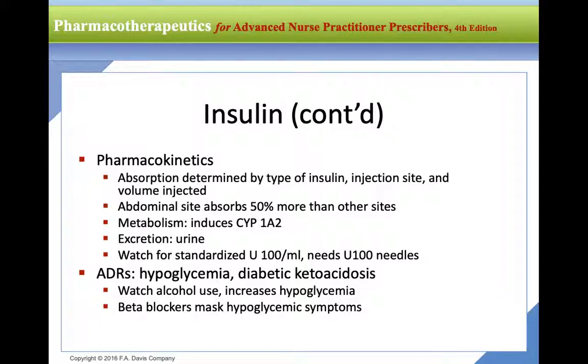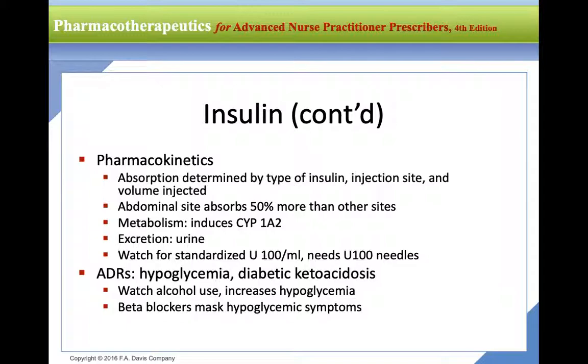Adverse drug reactions are hypoglycemia. That makes sense. If we give too much or in combination with other medications, it's going to drop our blood sugar whether we need it to or not. And you can have diabetic ketoacidosis. One thing I want to mention under the ADRs, beta blockers mask hypoglycemic symptoms. That's very true.